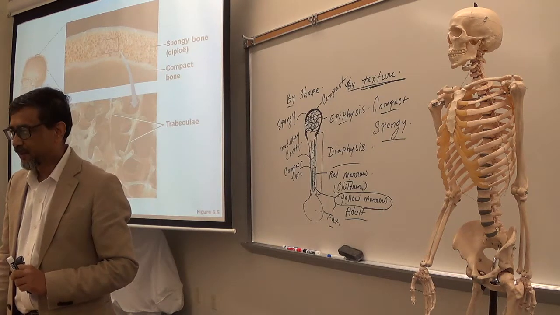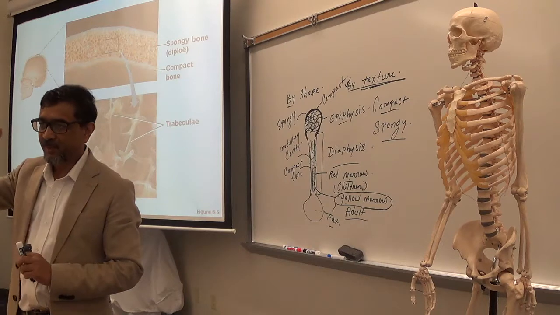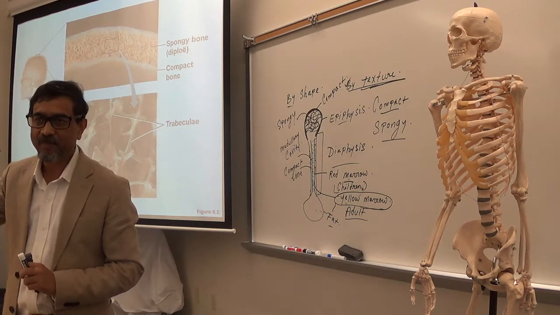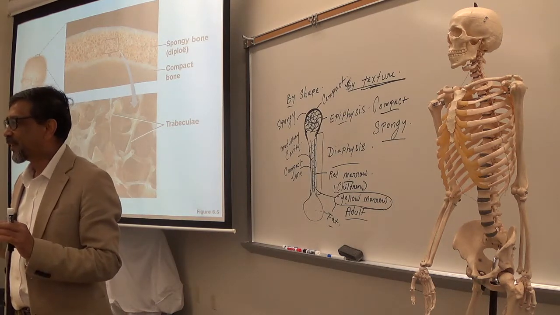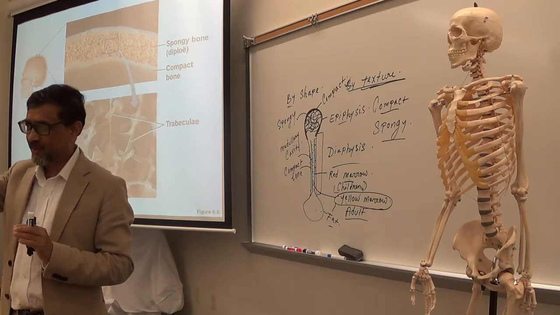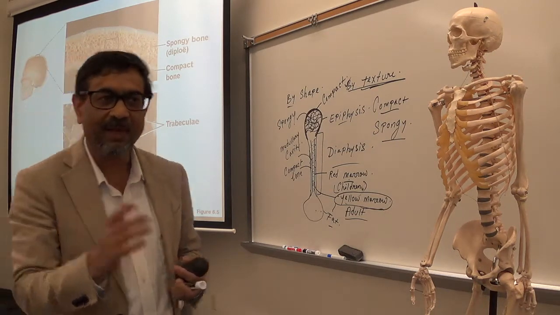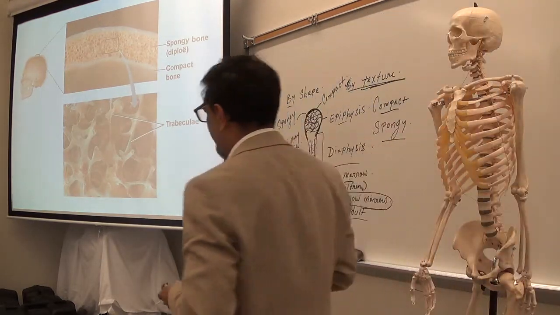Inside the ends of long bones and inside the flat bones. Is it clear? That means red bone marrow is present in those bones in adults, the flat bones and ends of the long bones, always producing blood cells.